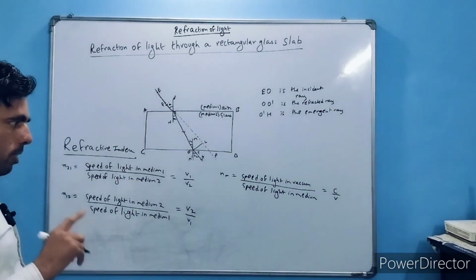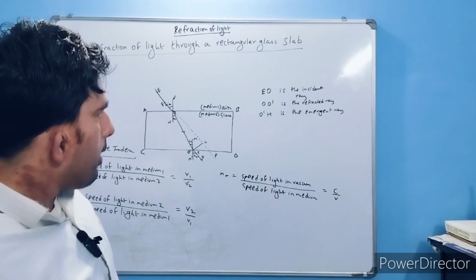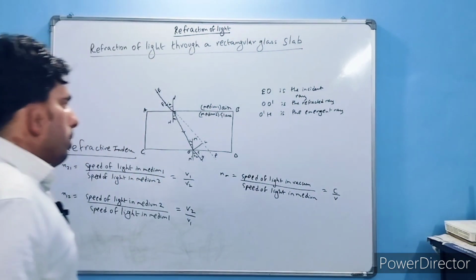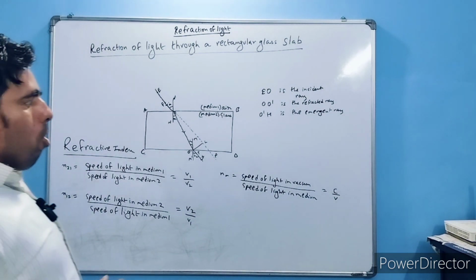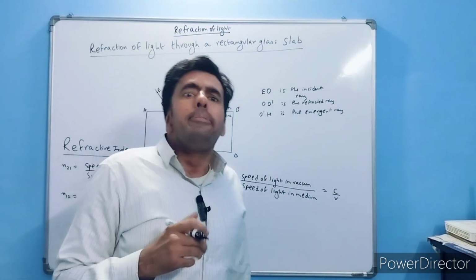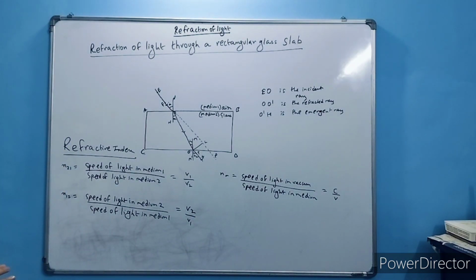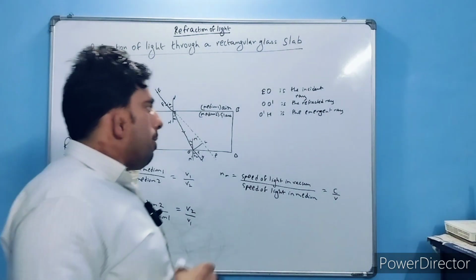Here c is the speed of light in vacuum, that is in air, and v is the speed of light in the medium. That refractive index is called the absolute refractive index. So that is what is given about the refractive index.